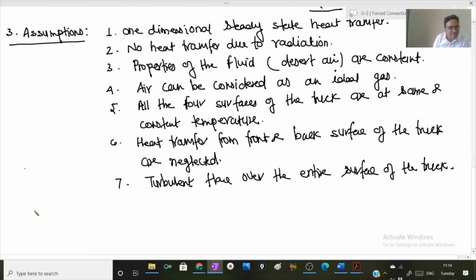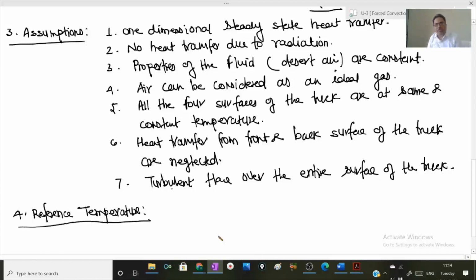Okay. Then step number 4, you need to identify reference temperature. So as you can see here, the flow is taking place over the surface of the truck.